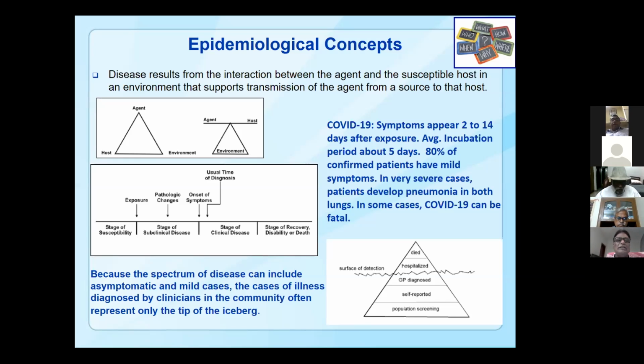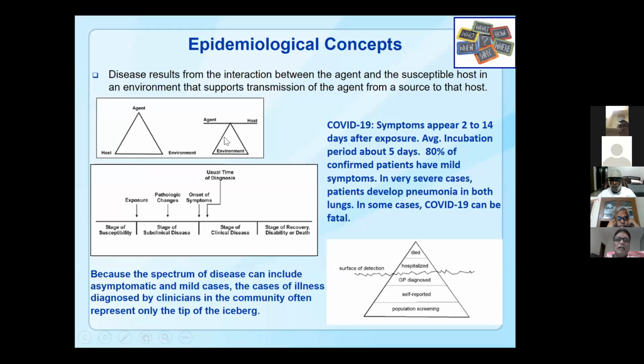So you can see on the screen this picture where I'm showing you the agent, host, and environment. Basically, the agent, host, and environment are the factors that we consider whenever we look at any health problem. Normally we expect that any disease results from an interaction between the agent, host, and the environment.